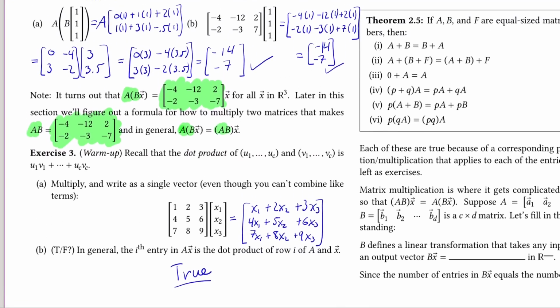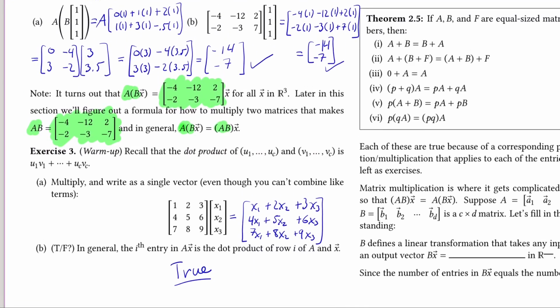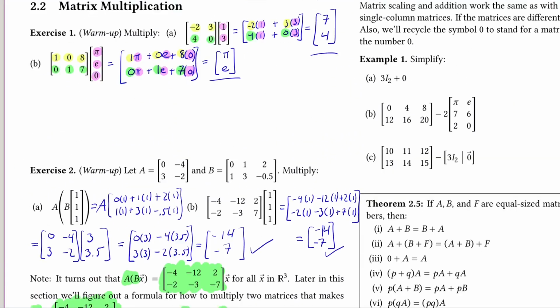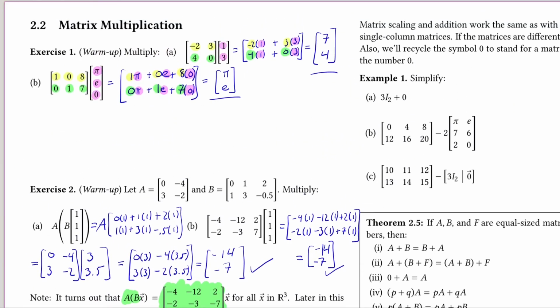I actually used this idea of the dot product in my showing the work for all of these exercises. So, like for example, with the first one, I just highlighted the first row of the matrix on the left here and highlighted the column in red.